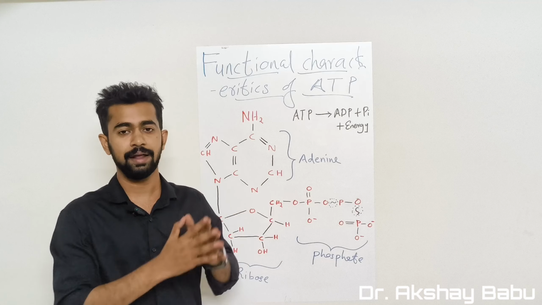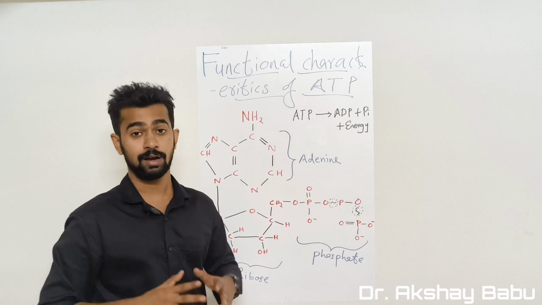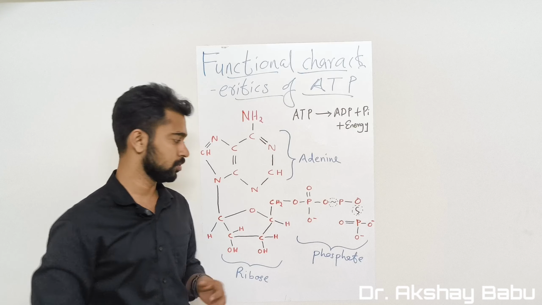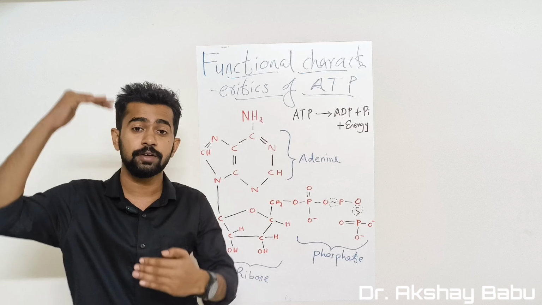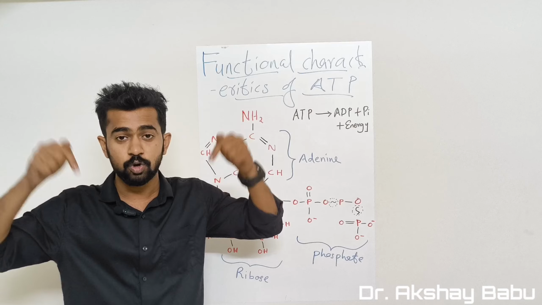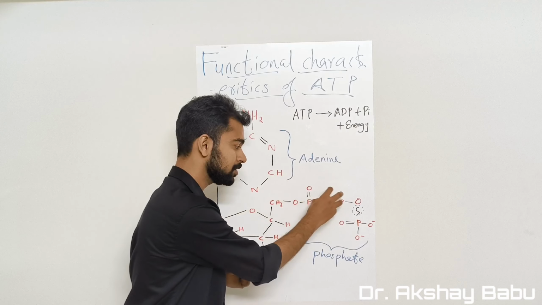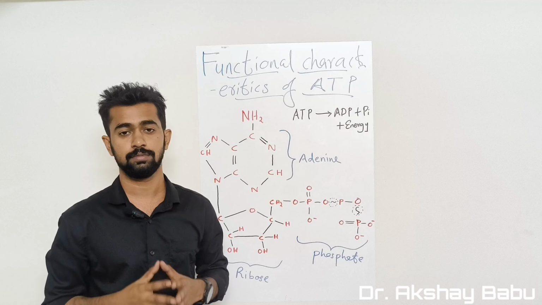Under physical and chemical conditions, these high energy bonds contain 12,000 calories of energy. This 12,000 calories of energy is many times greater than the energy which is stored in an average chemical bond. And this high energy phosphate bond is highly unstable.